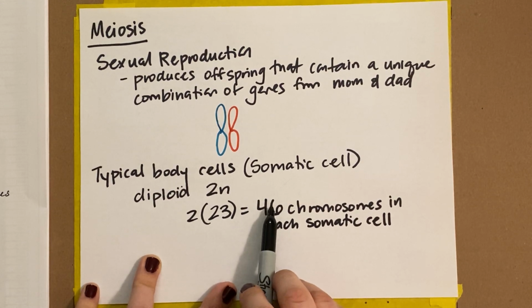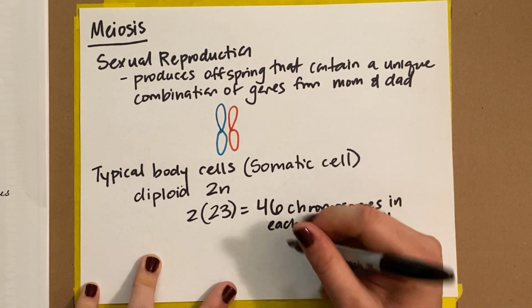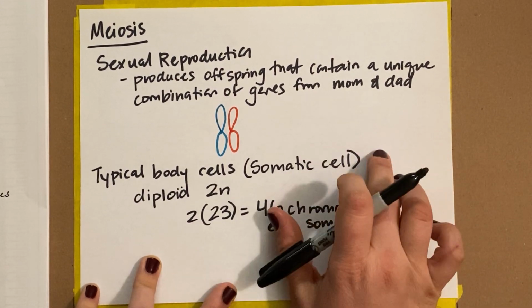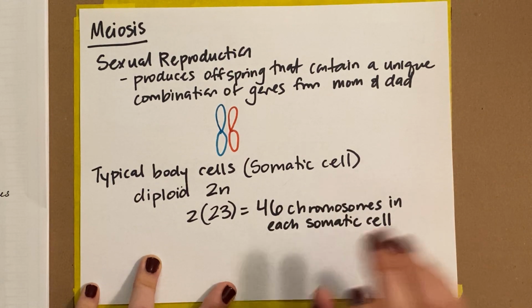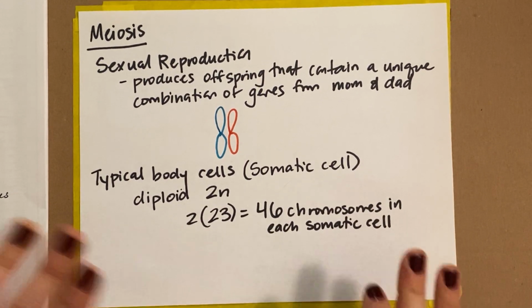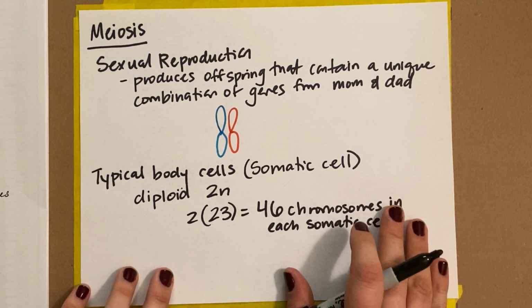So if we look at each cell, you have a chromosome 1 from your mom, a chromosome 1 from your dad, a chromosome 2 from your mom, chromosome 2 from your dad, and so on and so forth. You can look at your actual chromosomes, and you can do this.